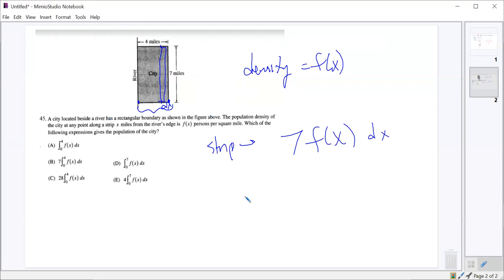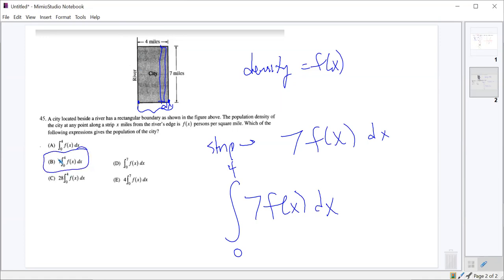And so all we need to do is take that function and integrate it from 0 miles from the river's edge to 4 miles from the river's edge. And so that looks like that should be choice B.